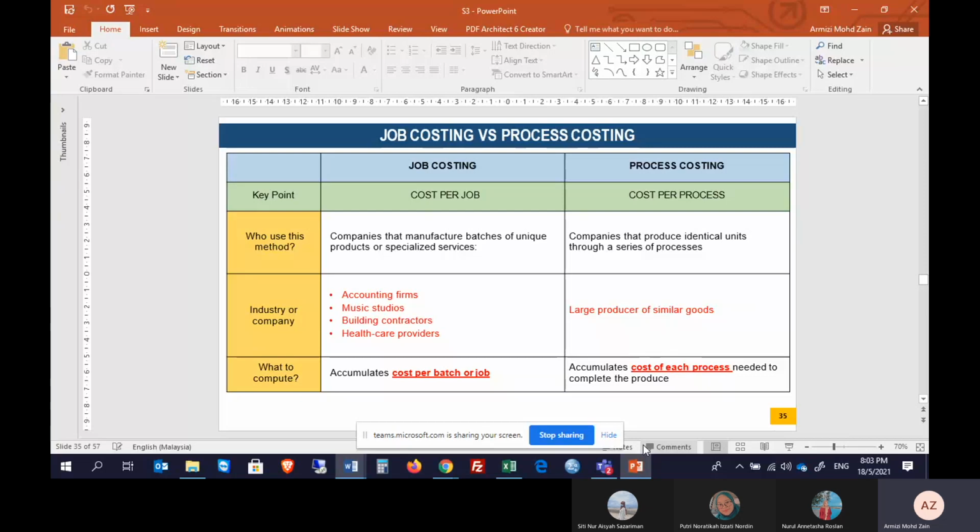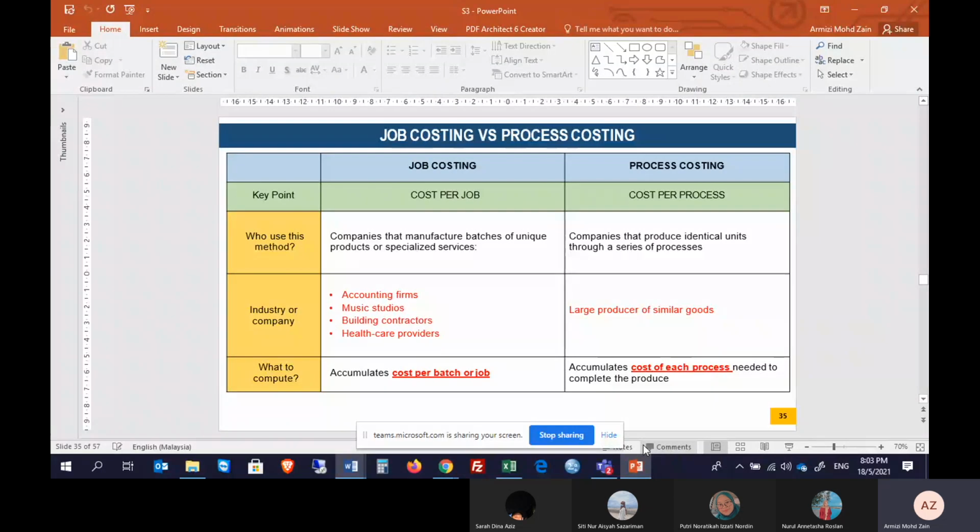Industries or companies that normally use job costing are accounting firms, music studios, building contractors, and healthcare providers. While for process costing, large producers of similar products, meaning they have one product and produce a high volume of it, and it goes through several processes in manufacturing a similar product.